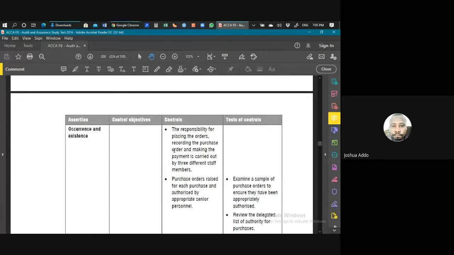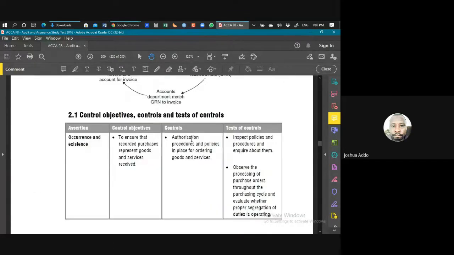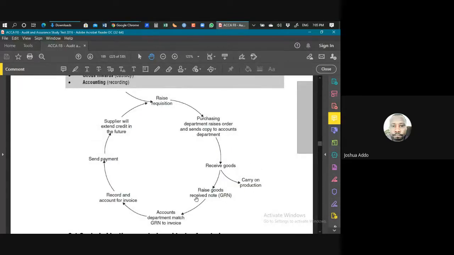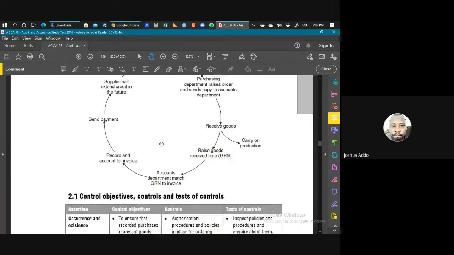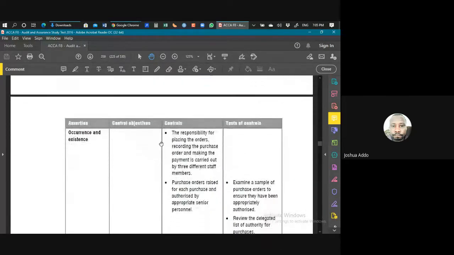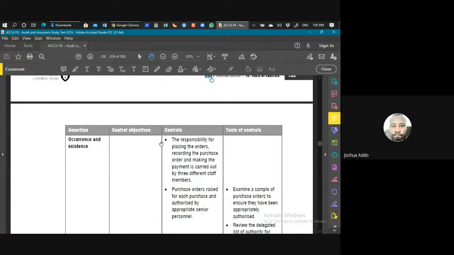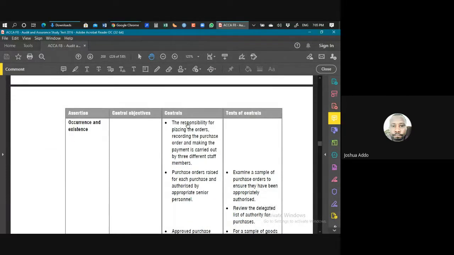We have to break the whole process, see, it's a cycle of many segments, into parts so that we have checks and balances. That's what we call segregation of duties. So one person should not hijack the system to place the order, do the recording of the orders, also record the purchase, and make payments to the suppliers.